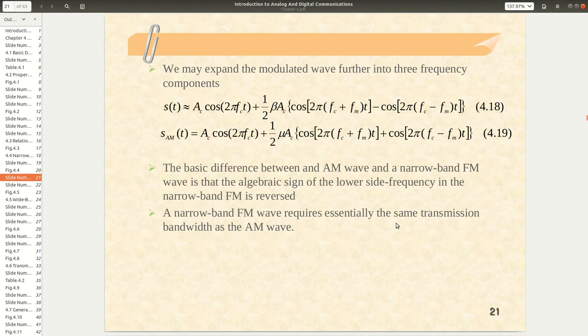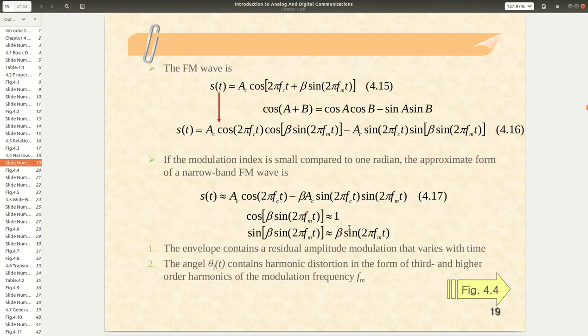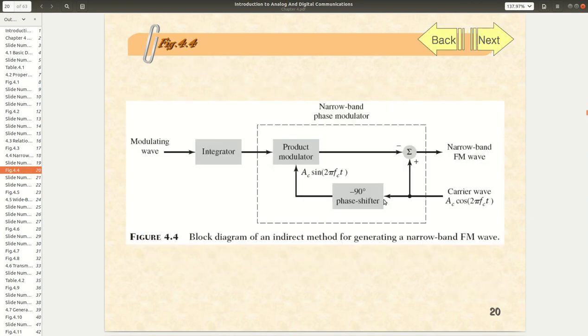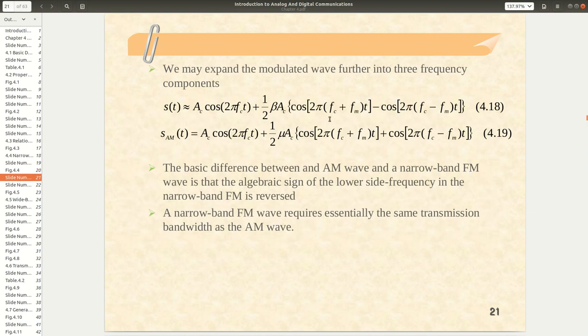Now he may re-express this equation again, sine sine. You can express it as cosine of the sum and difference of two angles. So cosine f_c plus f_m, cosine f_c minus f_m here, and this is the carrier again. So this signal is 4.18.